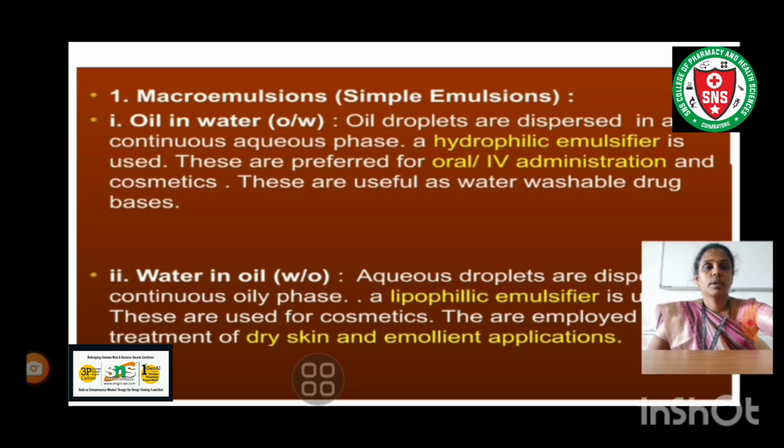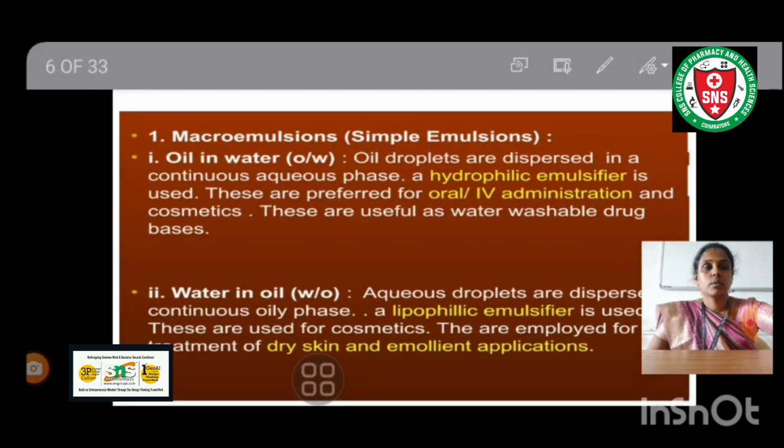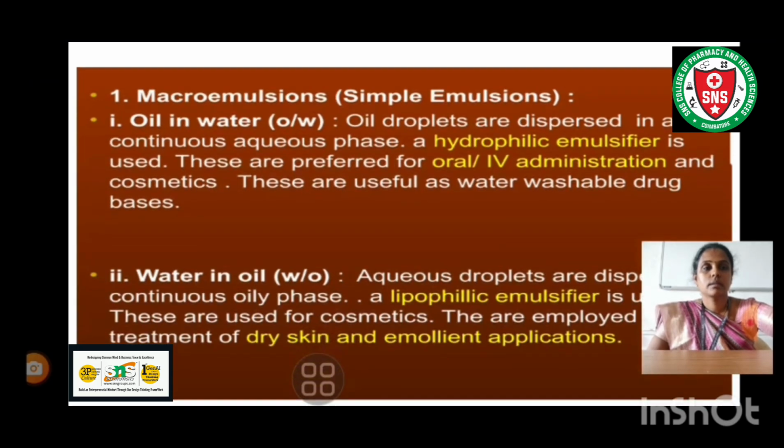Then water in oil type, where aqueous droplets are dispersed in oil. In oil in water type we use a hydrophilic emulsifier, but in the case of water in oil emulsion we use a lipophilic emulsifier. Since we use this lipophilic emulsifier, we can use it for cosmetic preparations.